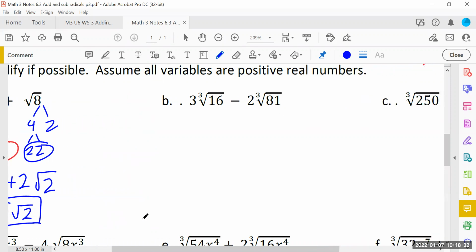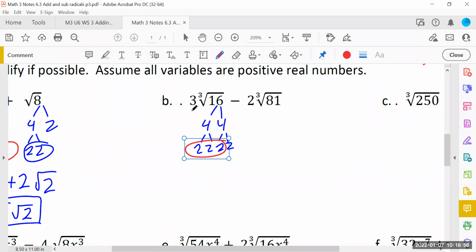So letter B, same idea. 16, break that one apart. 4 and 4. So really it's made up of 4 2s. It's a cube root, so I can take a set of 2s out. Right there.